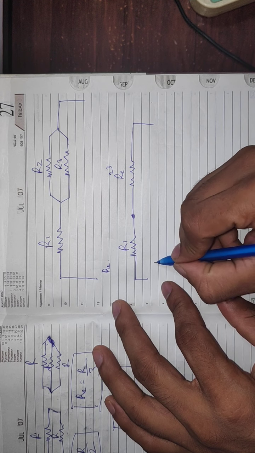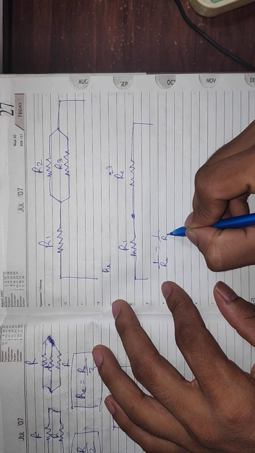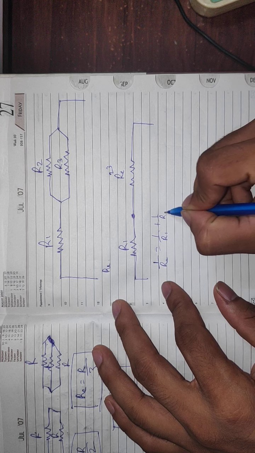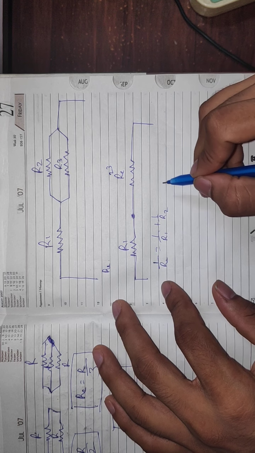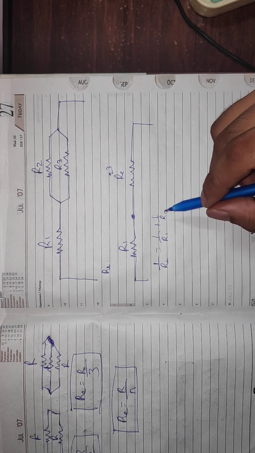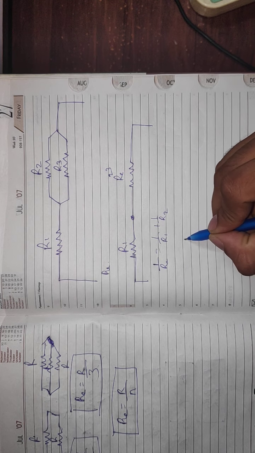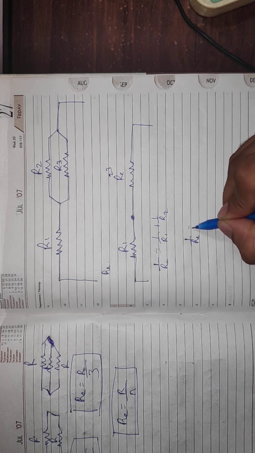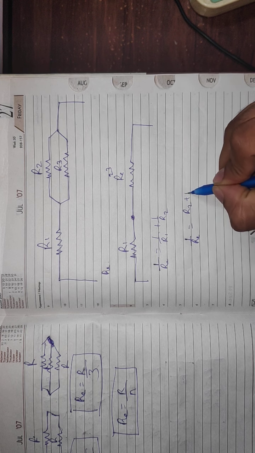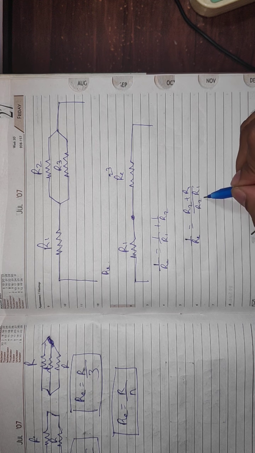To find the equivalent for this, 1 upon RE equals 1 upon R1 plus 1 upon R2. I have already told you the formula. You can use that direct formula, or since this is the first time, I am calculating the whole thing. What you can do? 1 upon RE is equal to R2 plus R1 upon R2 R1, that is the LCM.